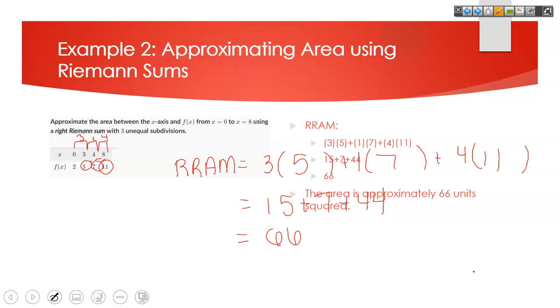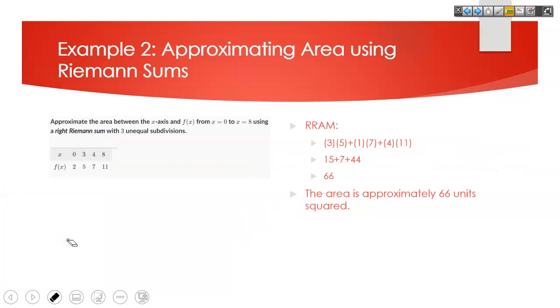Okay, so the area we would say is approximately 66 units squared.